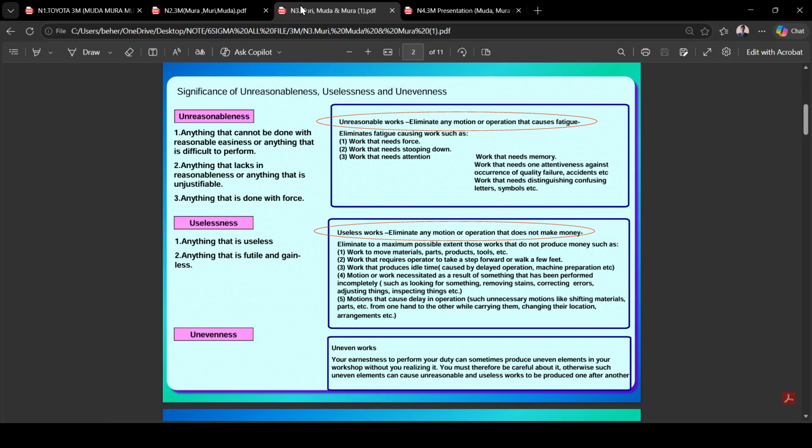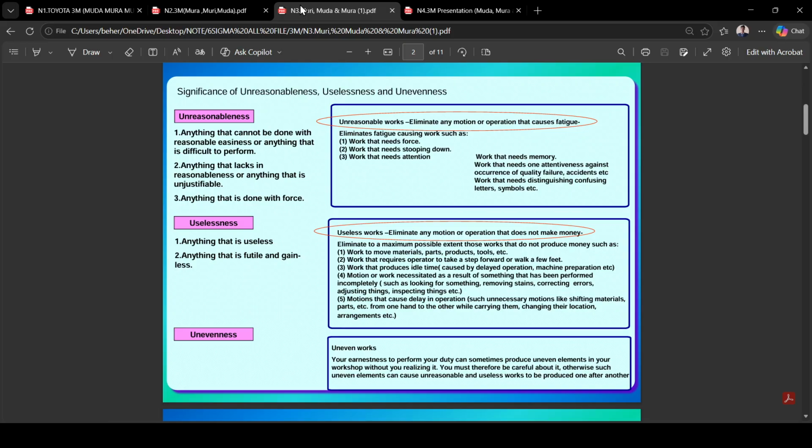So useless work means eliminate any motion or operation that does not make money. Eliminate to the maximum possible extent those works that do not produce money, such as: one, work to move material, parts, products, tools, etc. Second, work that requires the operator to make a step forward or walk a few feet.